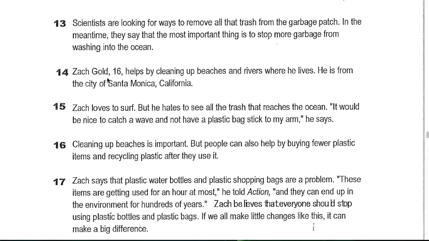Zach Gold, 16, helps by cleaning up beaches and rivers where he lives. He is from the city of Santa Monica, California. Zach loves to surf, but he hates to see all the trash that reaches the ocean. It would be nice to catch a wave.